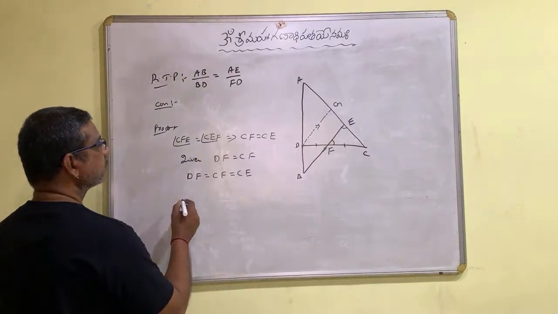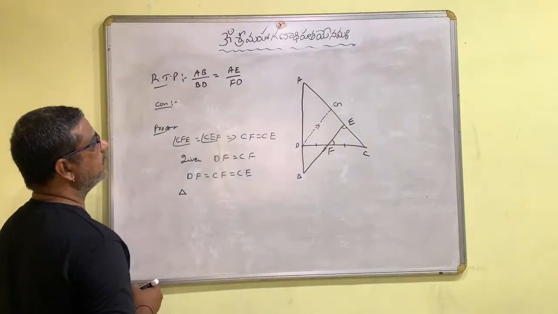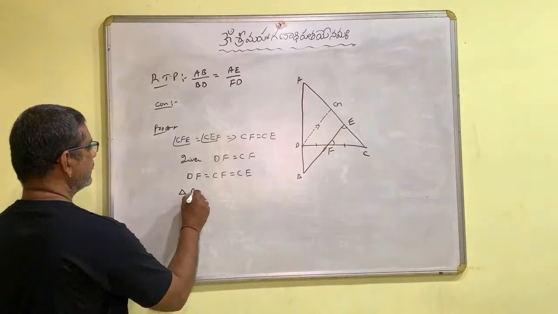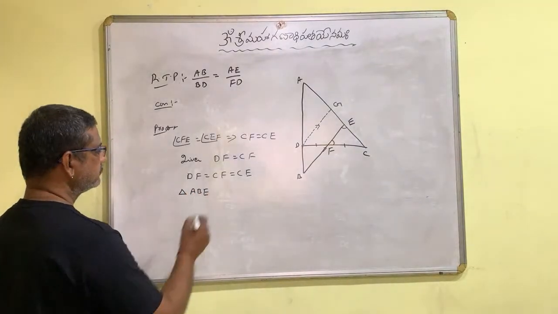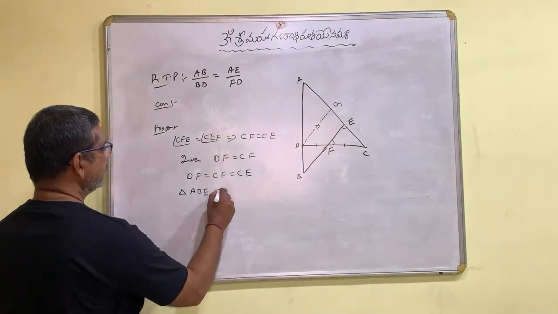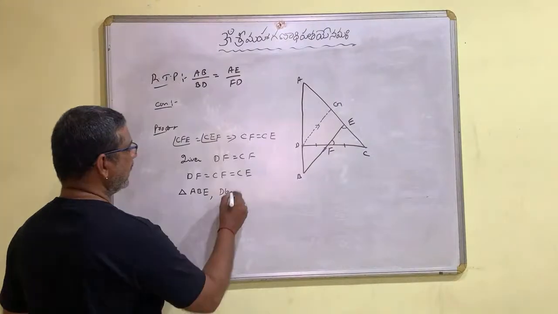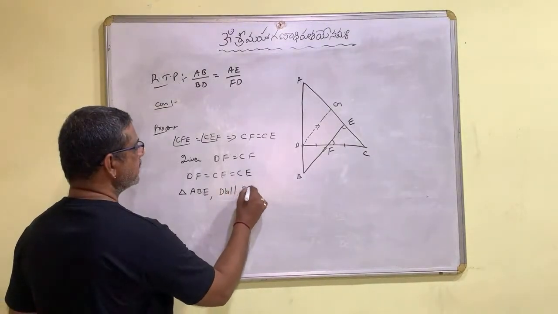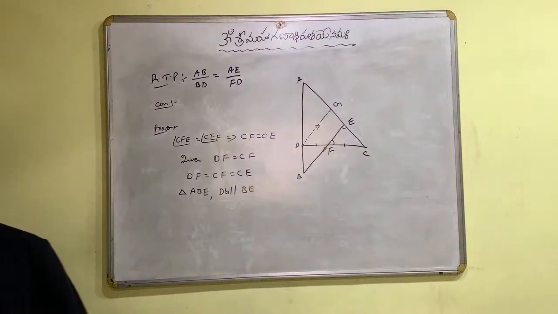Now see, consider triangle ABE. In that, DG is parallel to BE.